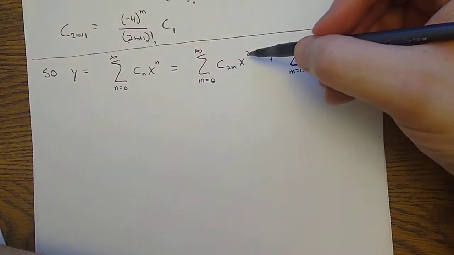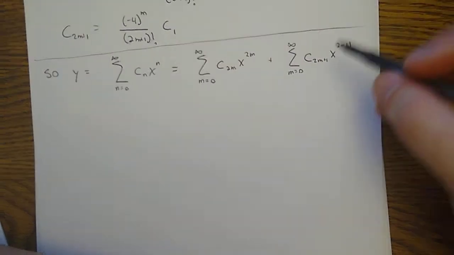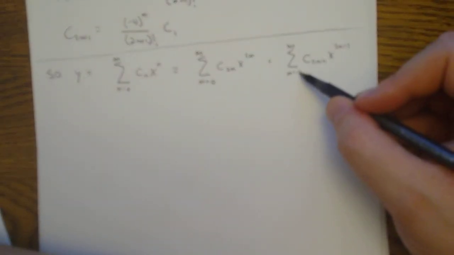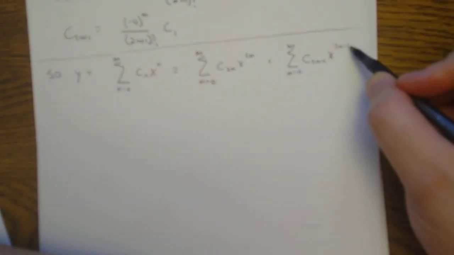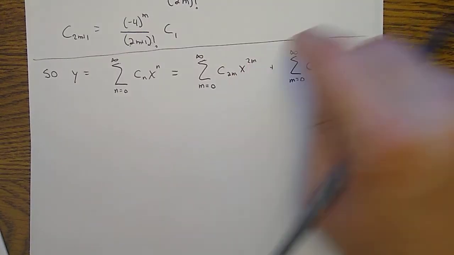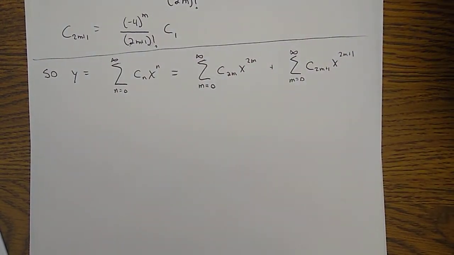This covers all the evens from C0 x to the 0 all the way up. This covers all the odds, starting with C1 x to the 1, right? Because when m is 0, this is C1 x to the 1, and going all the way up. So this is all the even powers of x, and these are all the odd powers of x.